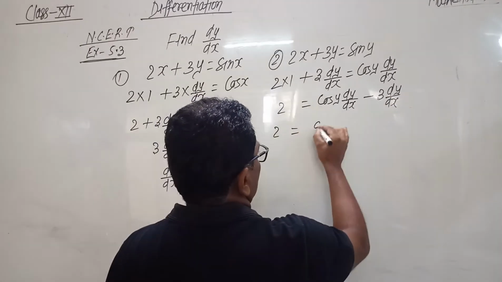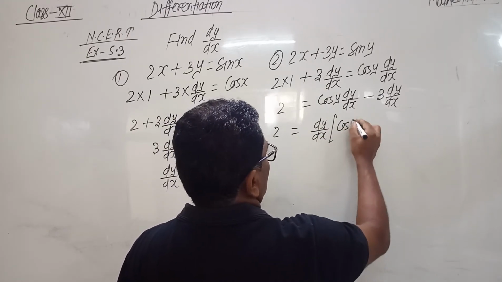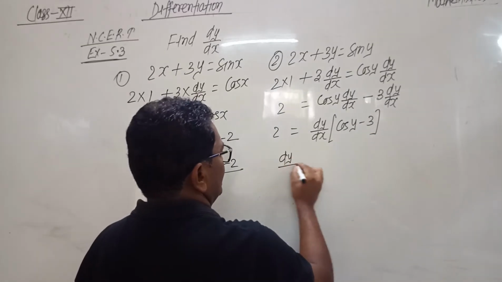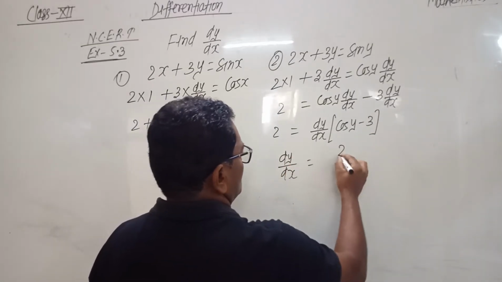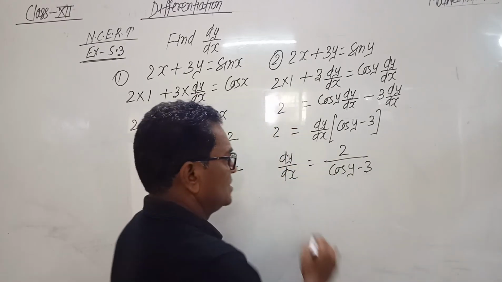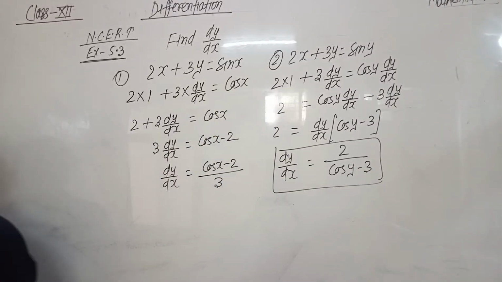Now 2 equals dy by dx taken common, so it gets cos y minus 3, and the value of dy by dx comes to be 2 upon (cos y minus 3). So this is the result we get. Right, next question.